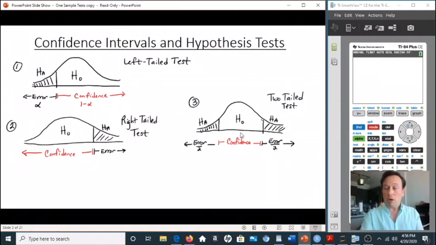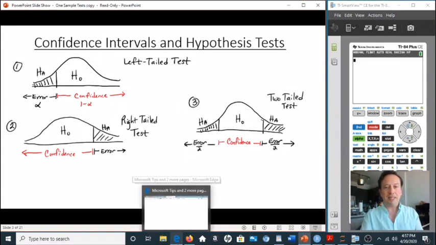So here, one other thing I want to point out, remember, is that with a two-sided confidence interval where you have one tail and another tail both shaded in, that's when you take that error and divide it by 2. And notice over here in the one-tail test, the error is not divided by 2 because there's only one tail for each of those. When you have two tails, the error gets divided by 2, and then your confidence is right there in the middle with the null hypothesis.